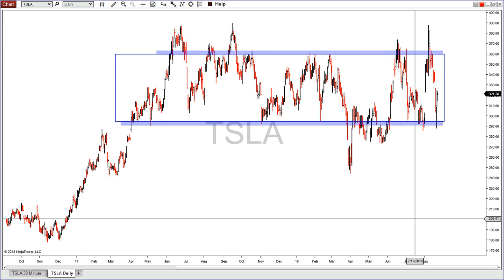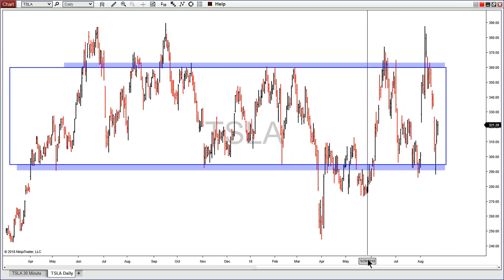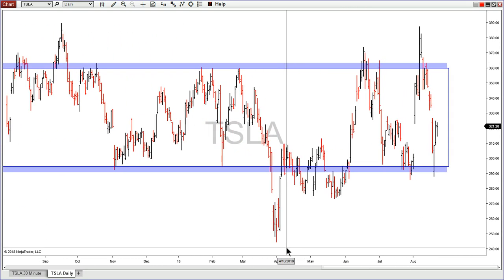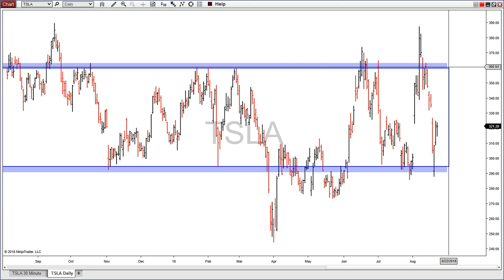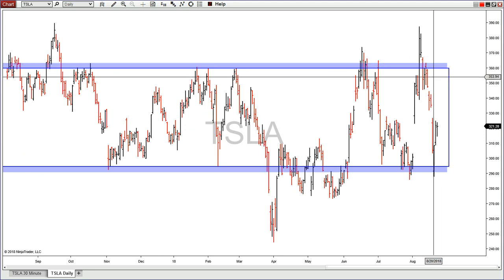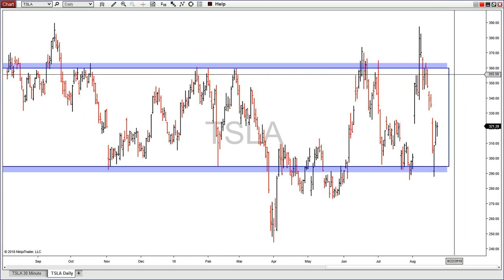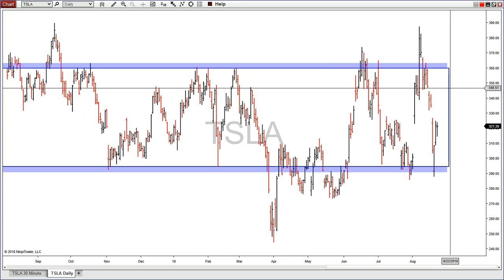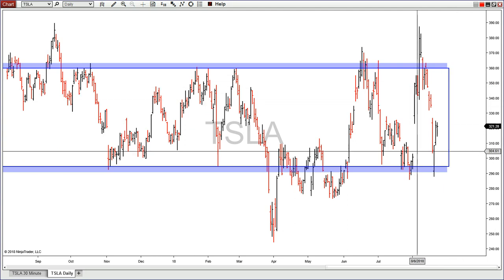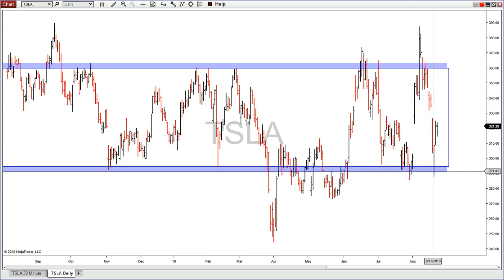Then, little by little, the market started doubting that Elon actually had secured the funding to take Tesla private, and even recently he sort of indicated that he really did not have the funding. So the price came back down to the lower boundary of this trading zone, and now it's getting a little bit of a bounce.